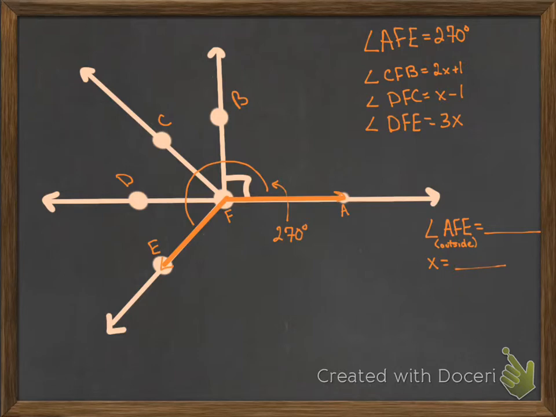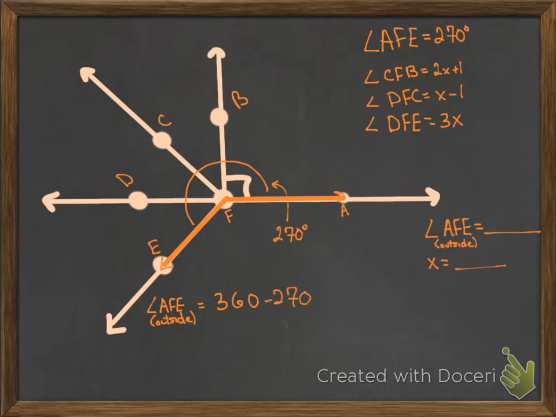Well, if you combine the AFE, that's 270, and the piece that we're looking for, that makes a full circle. How many degrees are in a full circle? 360 degrees. So angle AFE, the outside portion, is equal to 360 minus the inside portion.